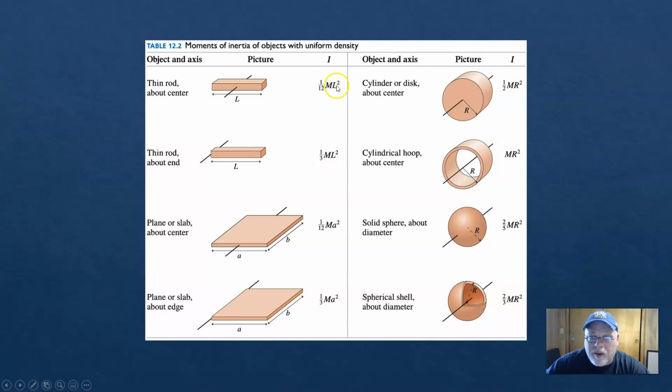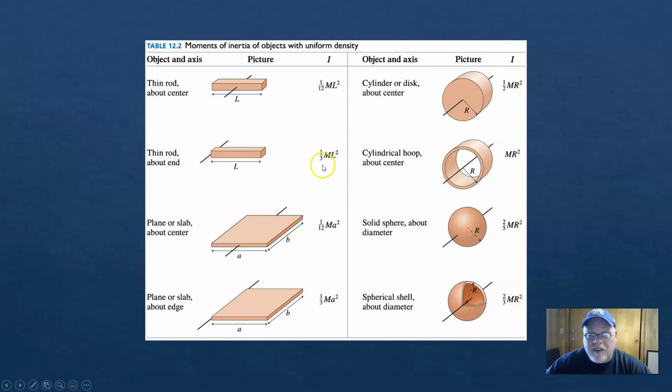The ML squareds are the same, but we've got these different fractions out front. Here it's 1/12, here it's 1/3. So it's different because the axis has changed. And I want you to notice this has changed in a way that we should expect, because this one is going to be larger. You take 1/12 of something, that's going to be smaller than 1/3 of that something, right?